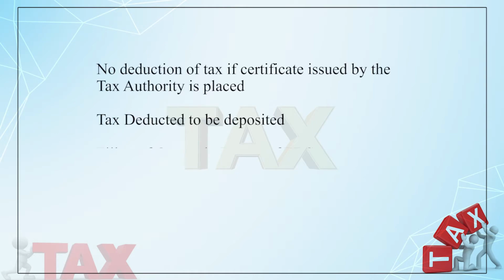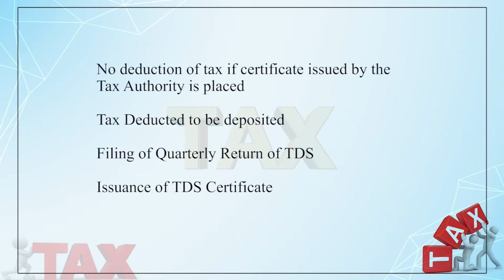Now, to cover up all the discussion we had in this session: tax deduction is a very important area, because if I do not deduct tax, do not deposit the tax, do not issue the certificate to the party, or do not upload the return, any of these activities individually is a penalizable item for me.